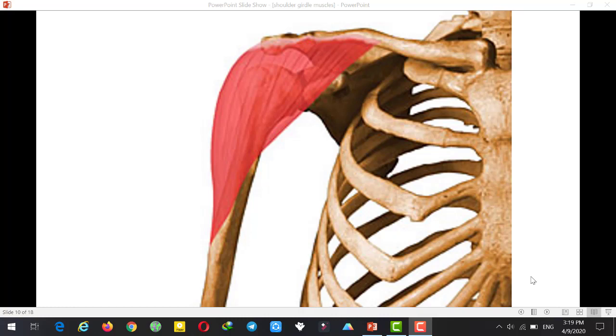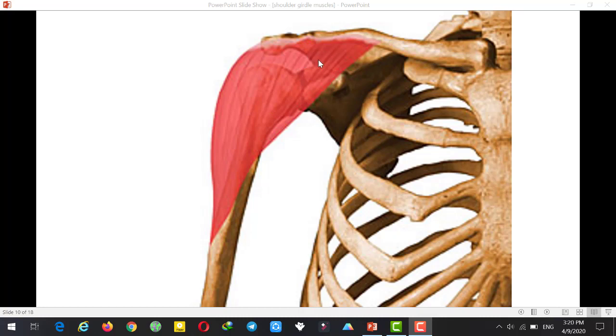So, origin of the deltoid comes from the anterior border of the clavicle, lateral border of the acromion, and inferior border of the spine of scapula. Insertion: all of the fibers twist to each other and attach to the deltoid tuberosity.